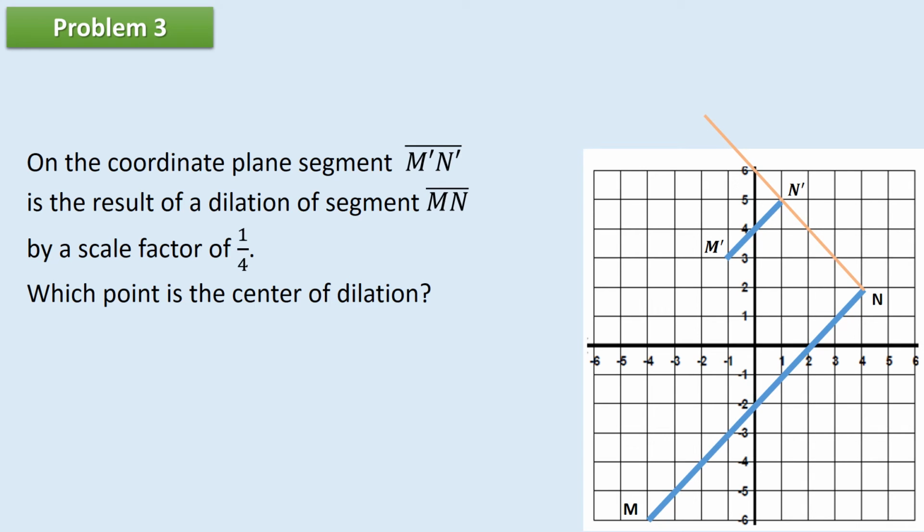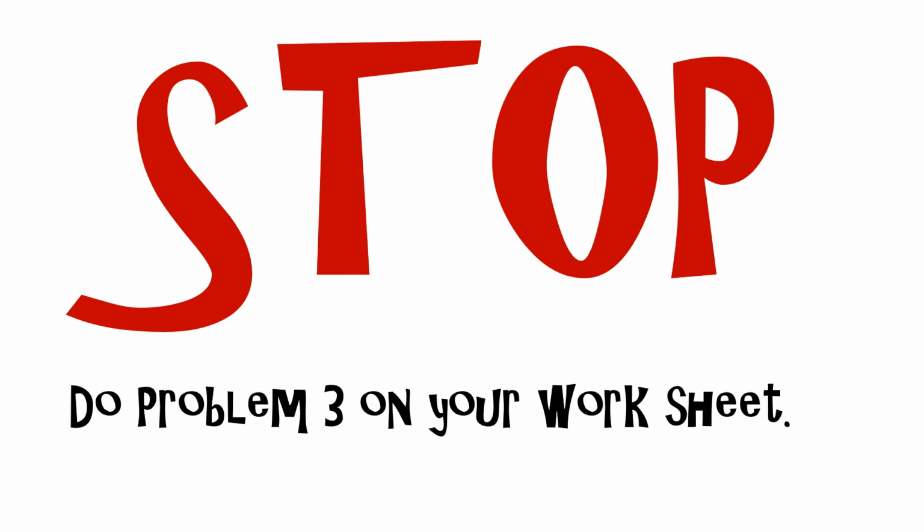We're going to draw a line through N prime and N. Then you're going to draw another line through M prime and M. Where do those two lines intersect? 0, 6. That is your center of dilation. Stop. Do problem number 3 on your worksheet.